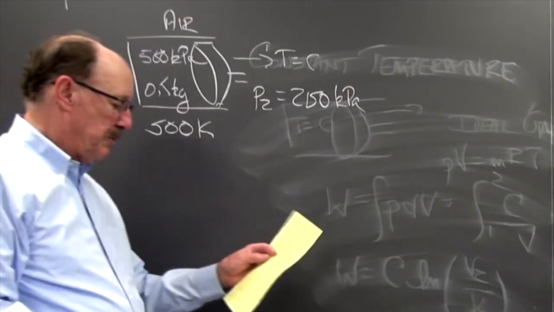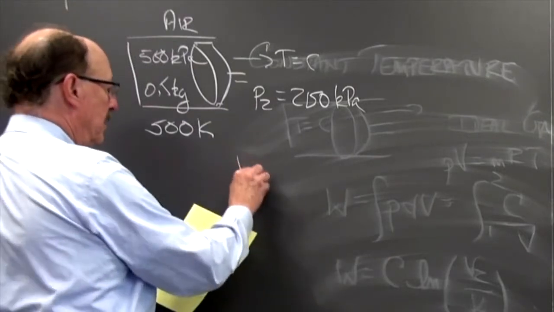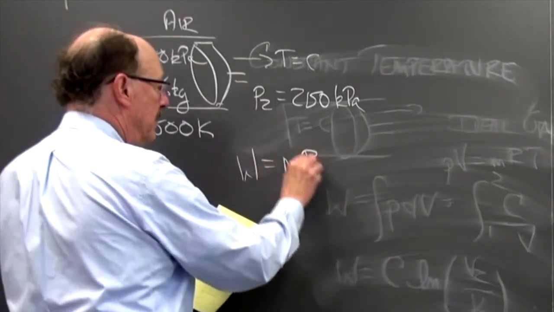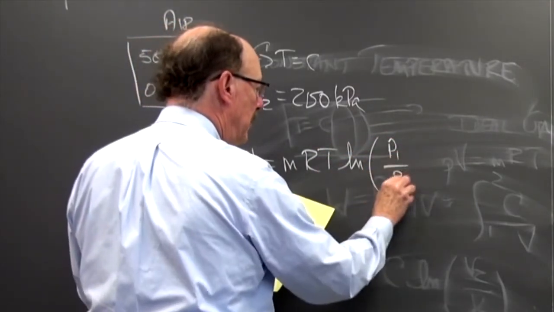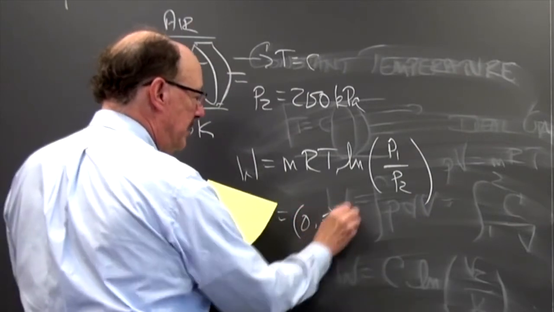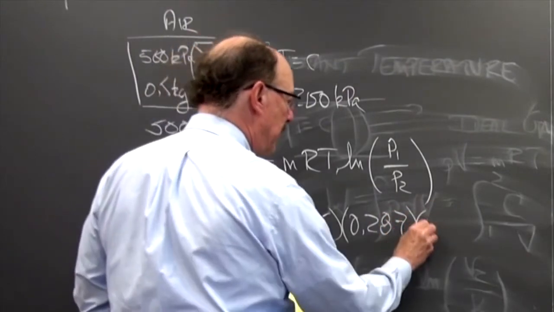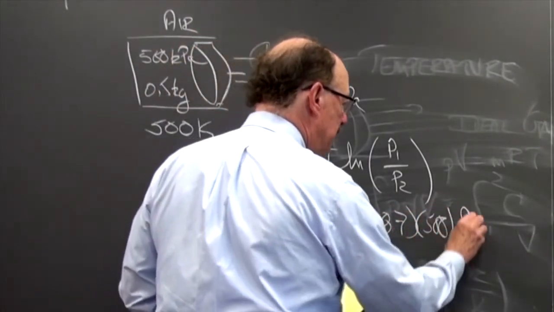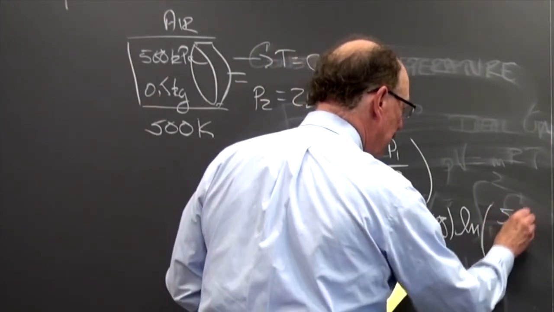So when we do that, let's substitute in, and we see that the work is equal to mRT times the log of P1 over P2. And so we have 0.5 times 0.287 times 500 times the log of 500 over 200.